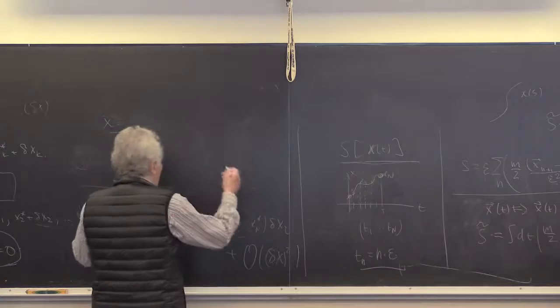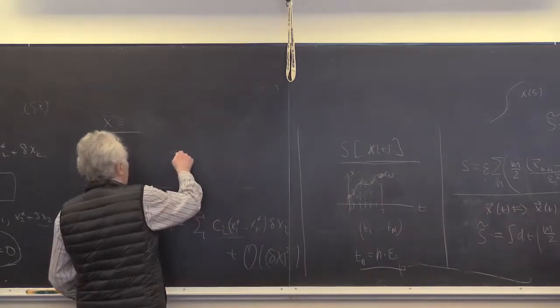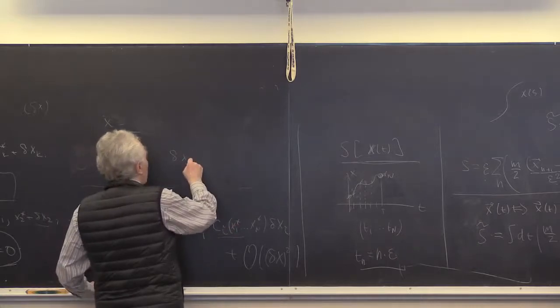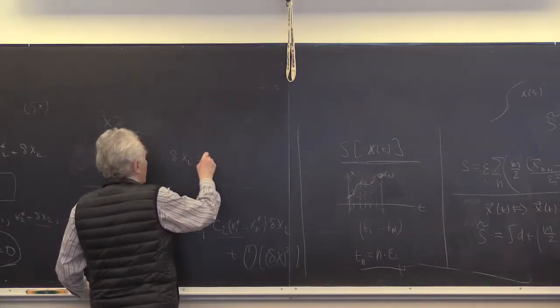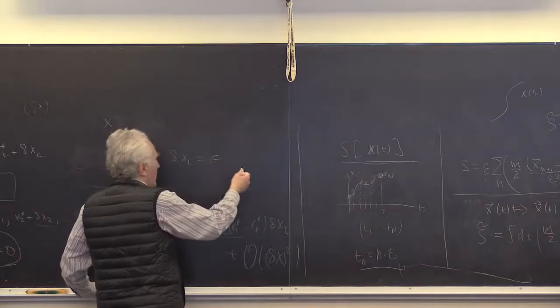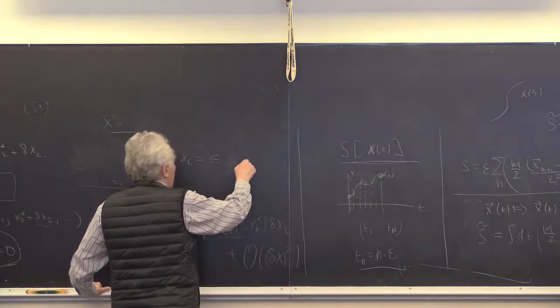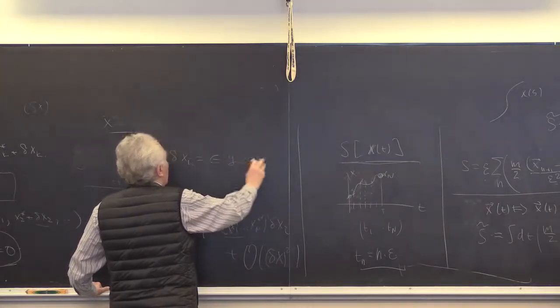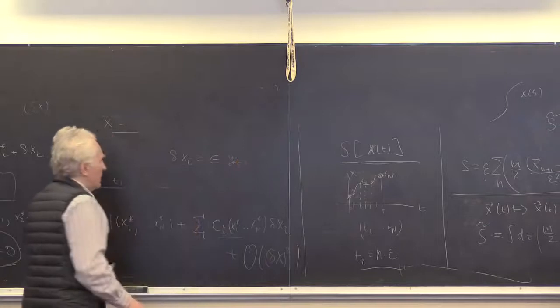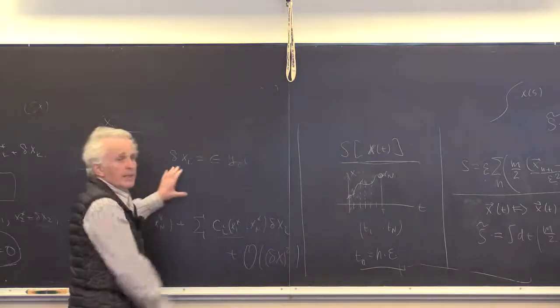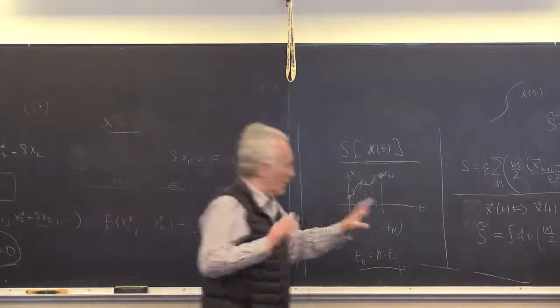But formally, another possible notation, you write delta x equals epsilon, some parameter epsilon, multiplied by some function y of t, and then you are simply saying, I am interested in terms containing linear epsilon, and only in them. And that's by definition.